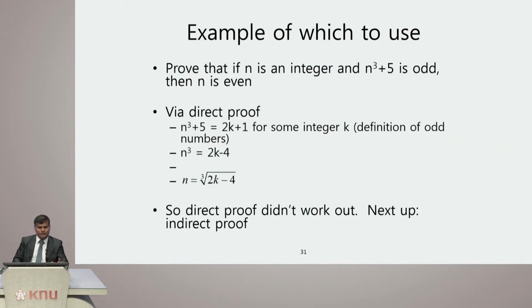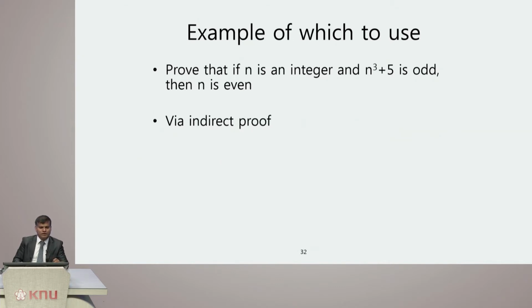Since direct proof is not working in this instance, next we can go for an indirect proof. Let's go for the indirect proof. Prove that if n is an integer and n cube plus 5 is odd, then n is even. For the indirect proof we are using the idea of contrapositive.